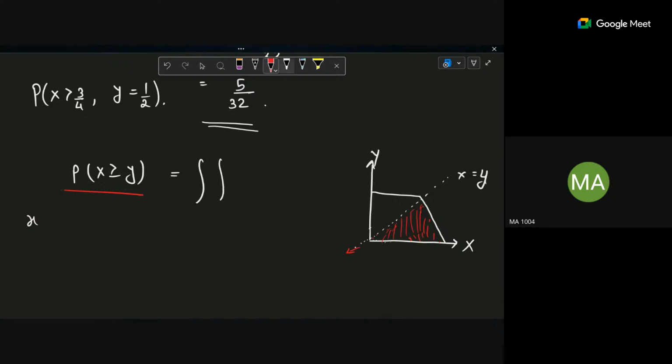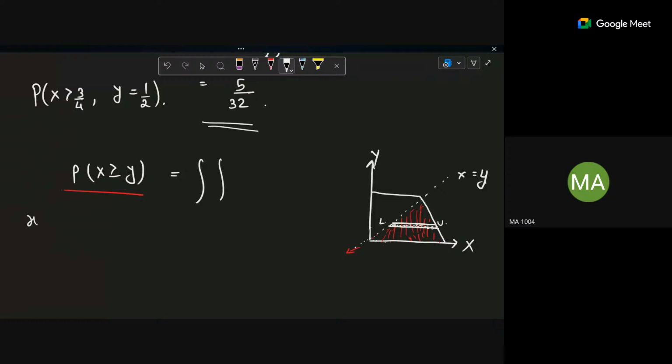But let's say if it is not a triangle or rectangle, then, ma'am, we have to use integration, a double integral. Okay, you have to take any strip. Let's say this is my strip. If this is the strip, then what will be the equation? This will be my lower limit for what?